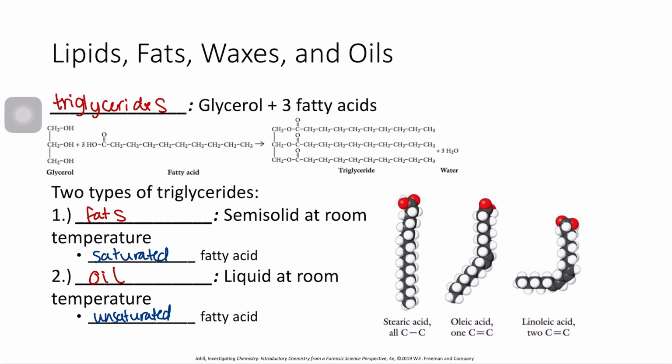So things like margarine or butter substitutes are going to be oils that have been partially hydrogenated, which means that you've added hydrogens to some of these double bonds to make it more saturated. So again, the more double bonds you have, the more likely it is that you're going to have a liquid rather than a solid.